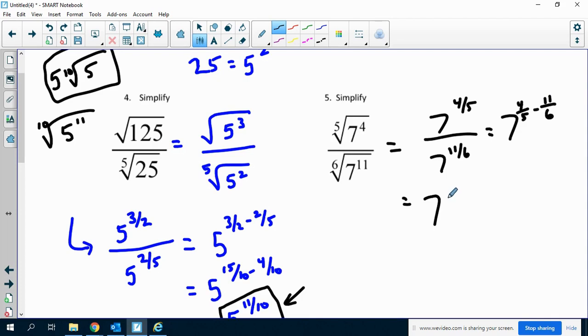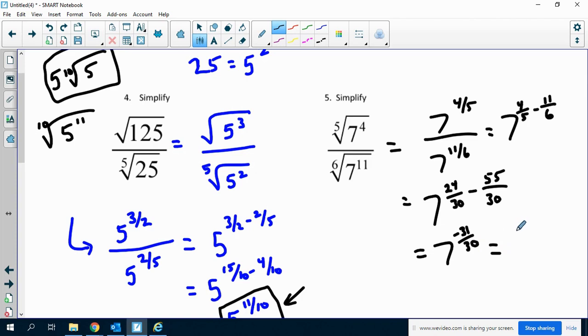So that's 7 to the 6, 12, 18, 24 over 30 minus, I'm going to multiply this by 5 in the numerator and denominator. So that's 55 over 30. So this is 7 to the negative 31/30ths.